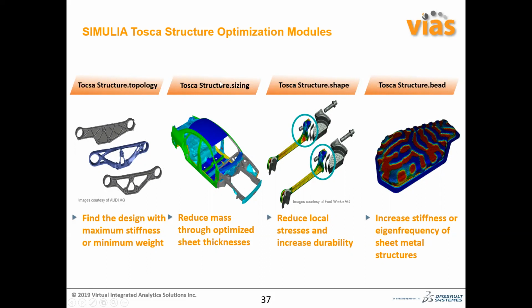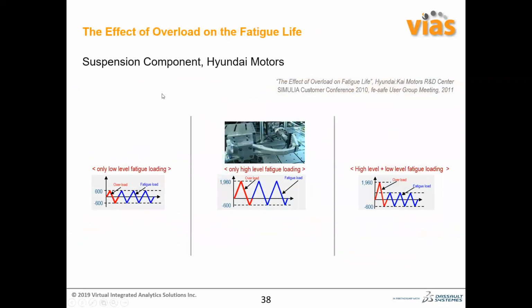There is sizing optimization, where you try to optimize the thickness of sheet metal, and shape optimization, where you want a local deformation so that the stress can be reduced to get a better fatigue life. And even the structural bead optimization, where you want a local bead for the sheet metal.